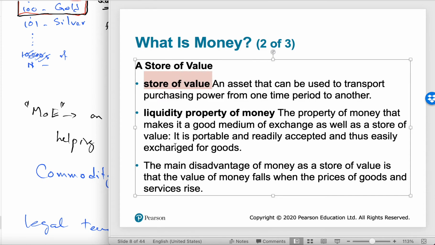And store of value comes right after the property of liquidity of money. It's readily available. You can hold it, if you wish, for several periods. But the moment you want to spend, it is liquid because that acceptability is there.